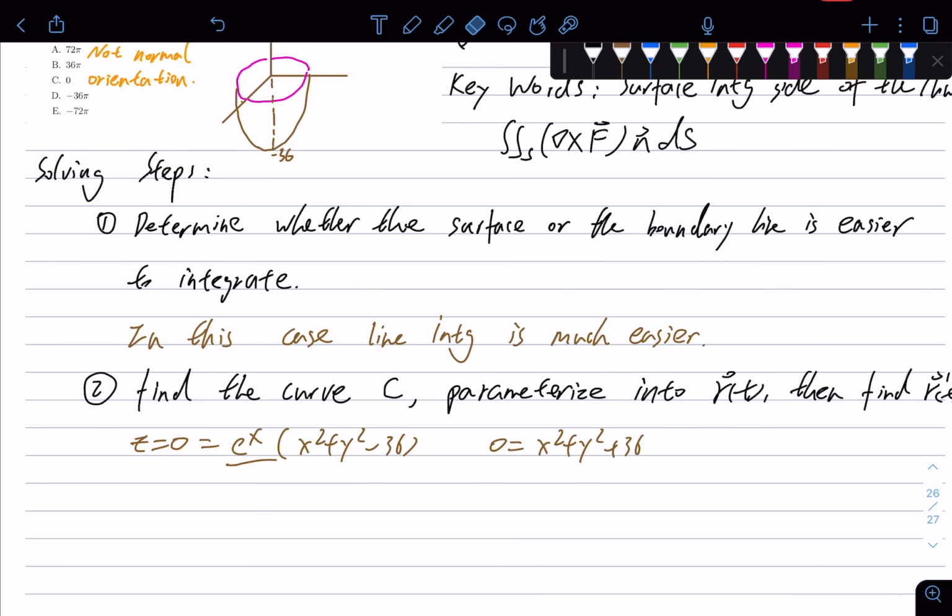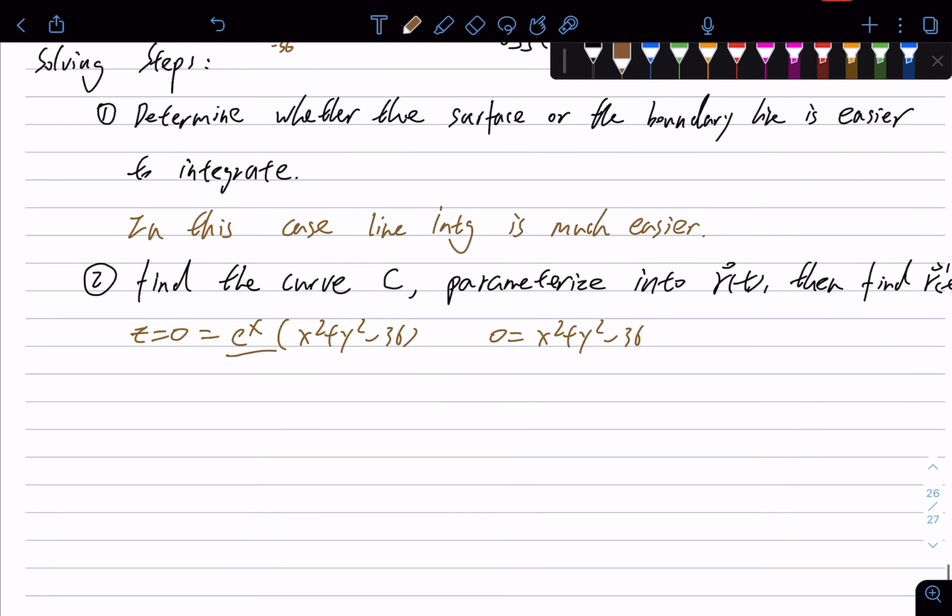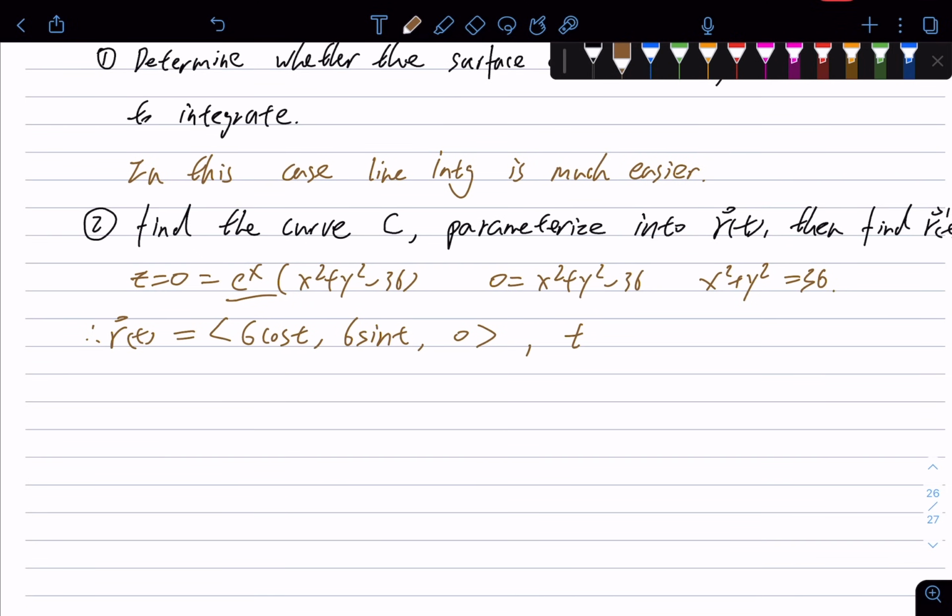The result is pretty obvious now: x squared plus y squared equals 36. To parameterize this circle, r of t is going to be 6 cosine t, 6 sine t, and 0. This is the standard way of parameterization, and t belongs to 0 to 2 pi.